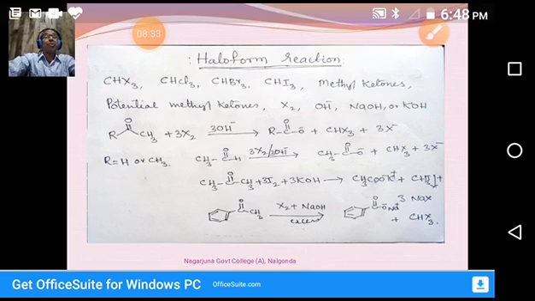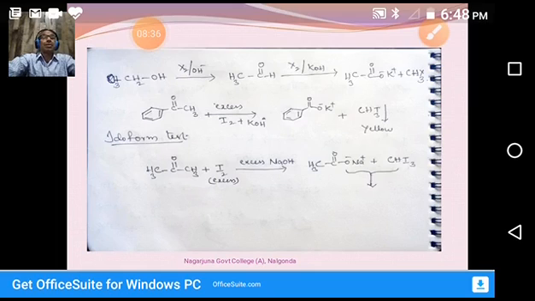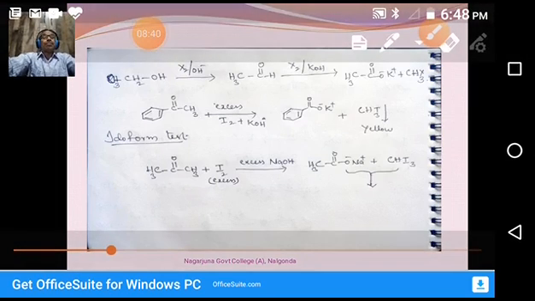That's why we call these reactions haloform reactions.